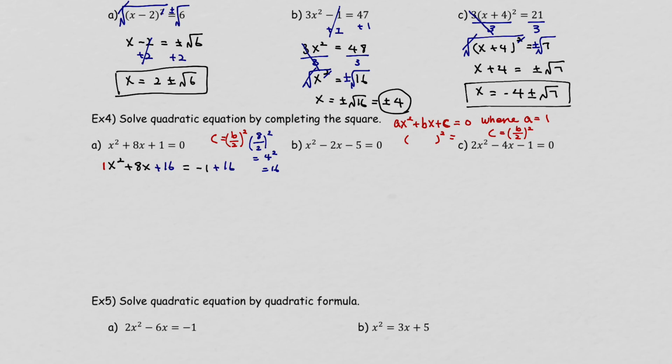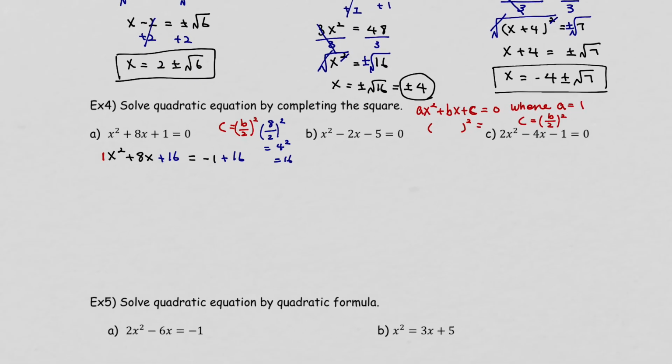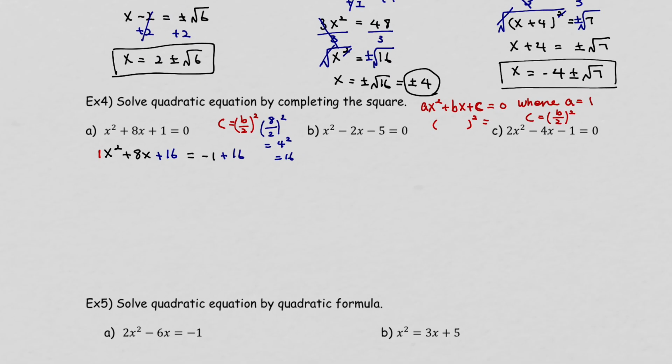In order to make this equation not change from the given problem, you need to add the same number to both sides, right? So then when you do that, when you factor this trinomial, it will give you a perfect square. It's going to be x, same sign. The same sign must be positive.